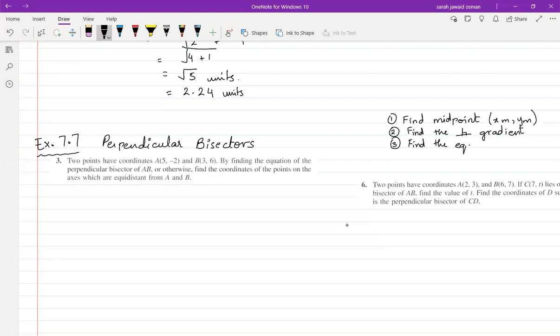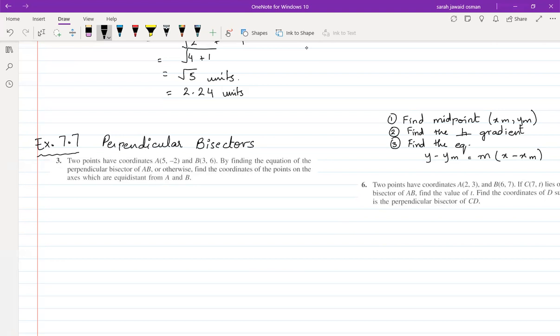This coordinate xm, ym, you're going to apply in your formula, y minus ym equals gradient times x minus xm, where you put the midpoint coordinates, to find the equation of the perpendicular bisector.